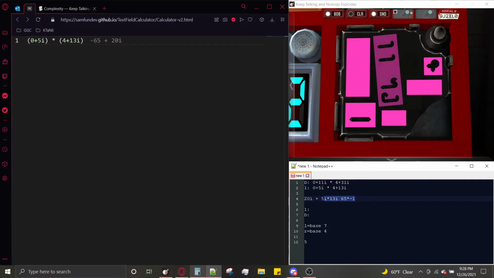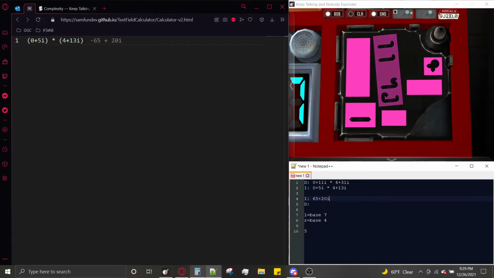So this is actually negative 65. And as you can see, this is the simplest form that the text field calculator has given us that our number is actually in. So this is what we're actually going to submit to the module. If we have a negative number, we're just going to take the negative away from the number. So we need to submit 65 plus 20i into the module.